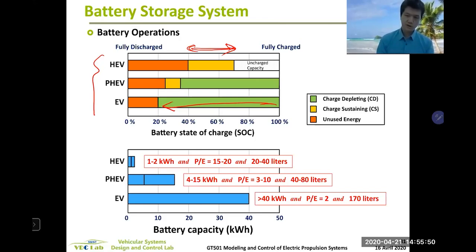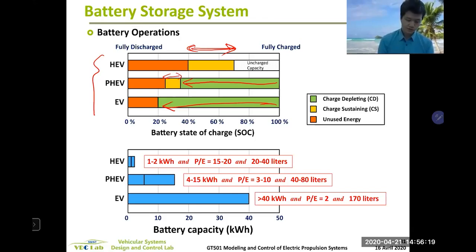How about plug-in hybrid? It's somewhere in between hybrid and EV, right? So for plug-in hybrid, you use battery, you deplete the battery. You use battery as a main source of power and energy. So you deplete the battery first, and then you use it as a temporary energy buffer, which is this range.